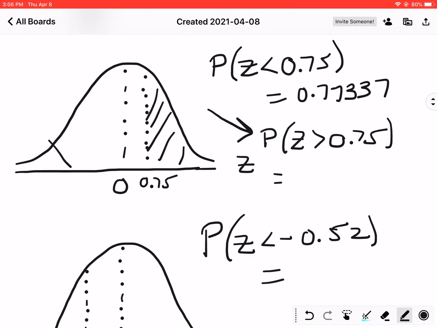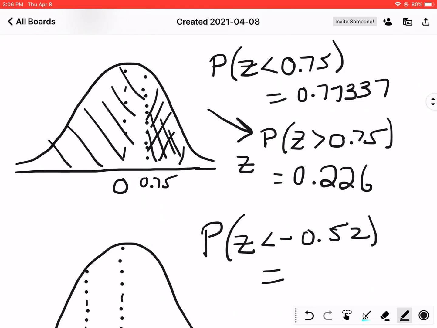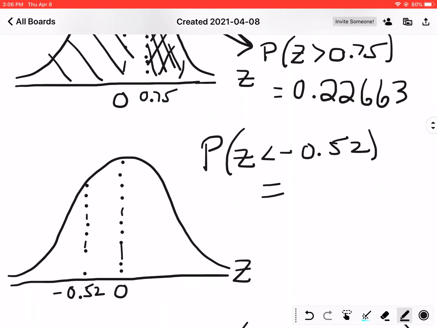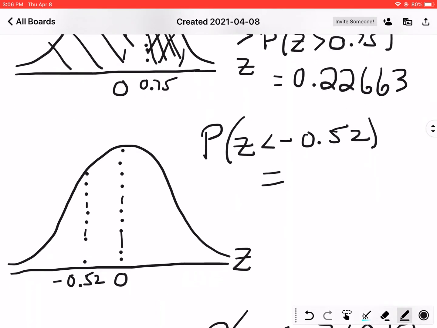So if I know this area over here is 0.77337, then I can subtract that from 1 to get this area over there, which happens to be 0.22663. Again, it's 1 minus the area to the left. The table always represents the area to the left of the value.